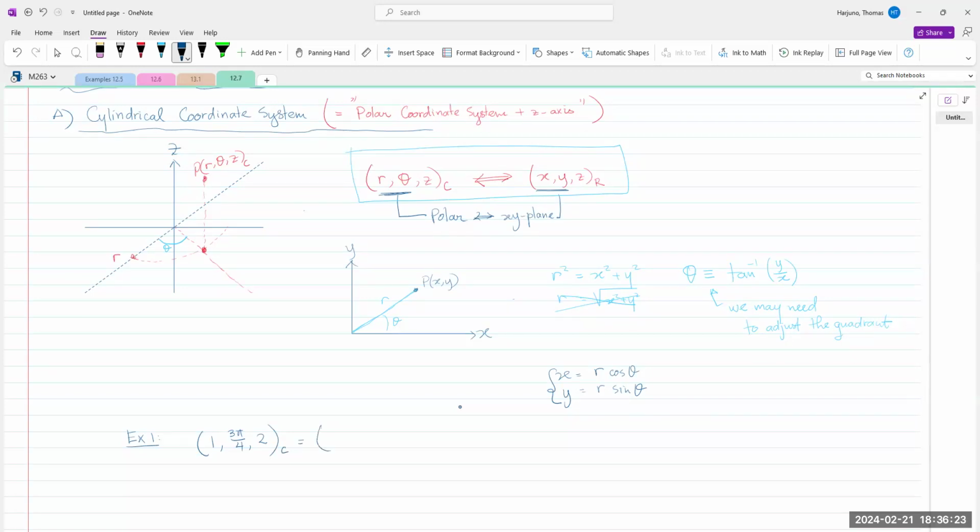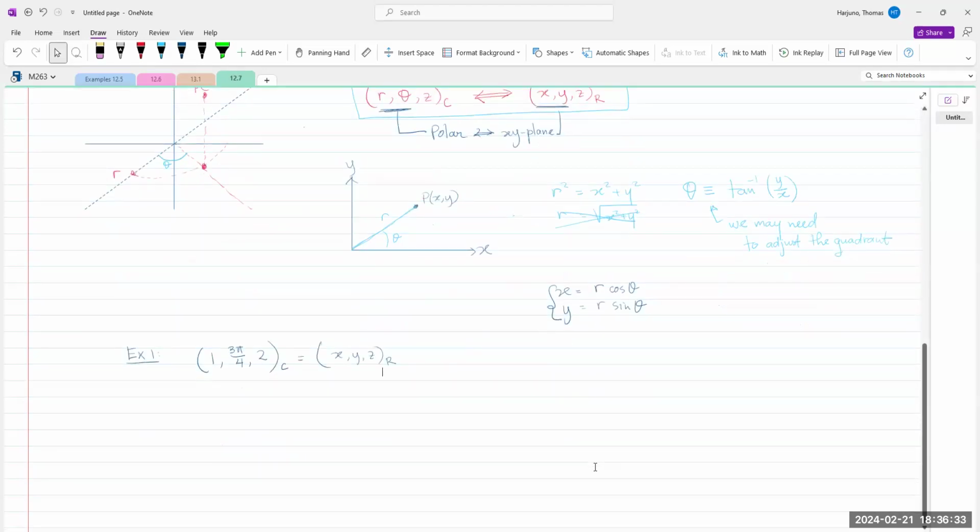What will that be in rectangular coordinate system? Now, of course, as you remember, the z will be the same, right? z equals 2. No computation needed. Let's make it -2 instead. So z equals -2.